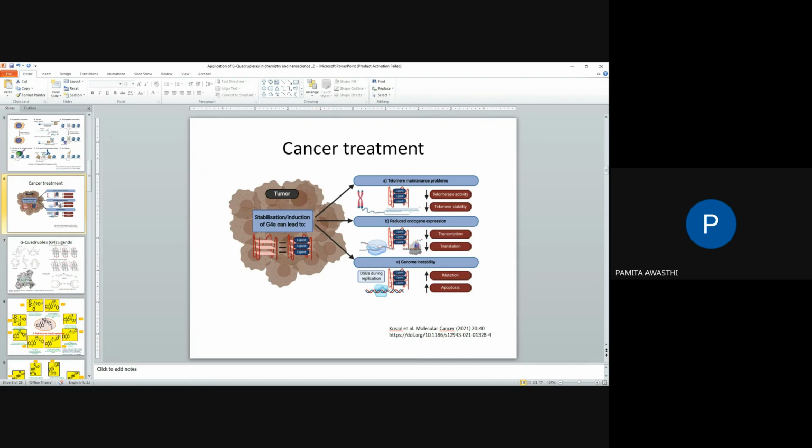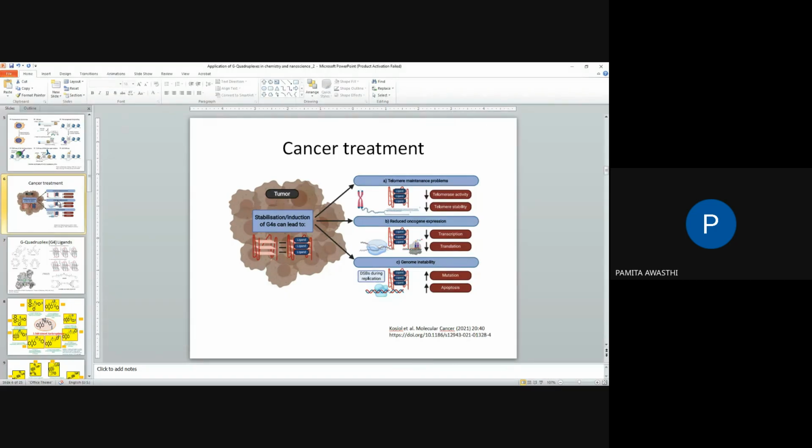So G4s, as I told you in the beginning, are not randomly distributed throughout the genome.